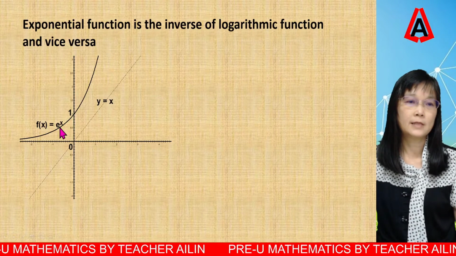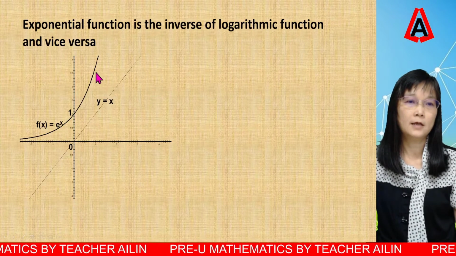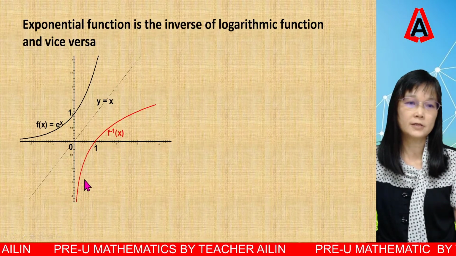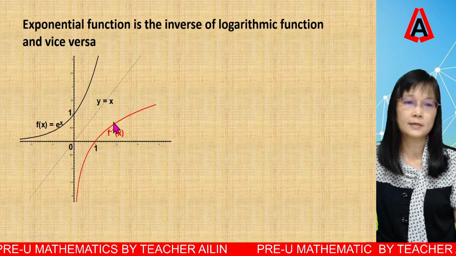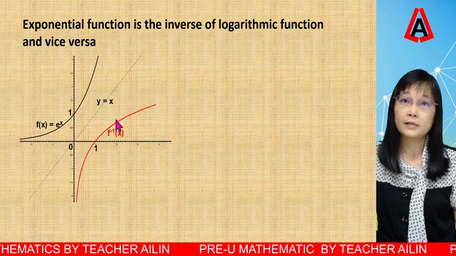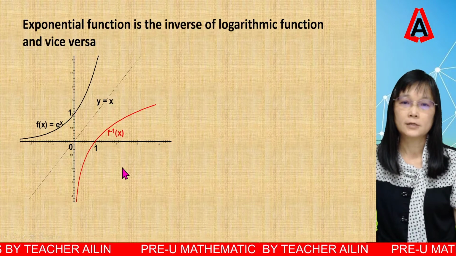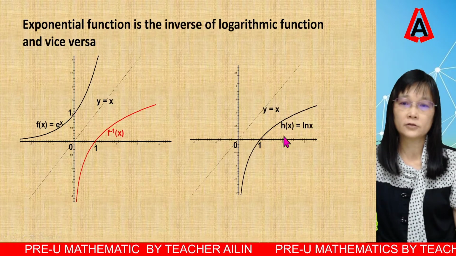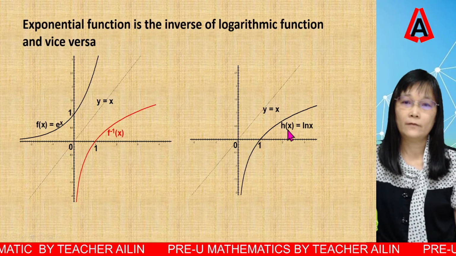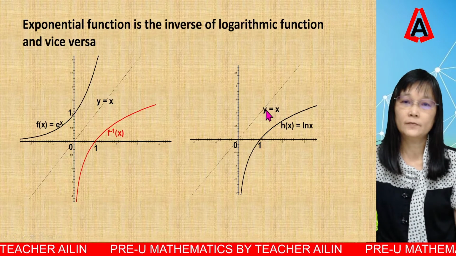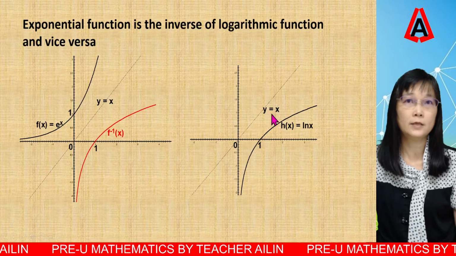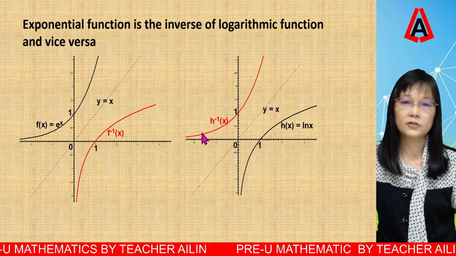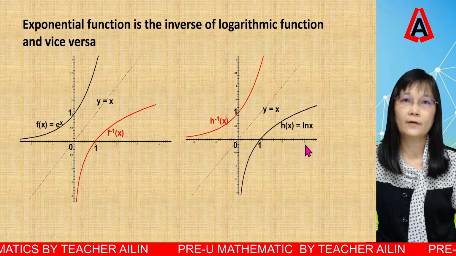So from this diagram, this is the graph of the exponential function after reflection. So we find that this is the inverse of the exponential function. Next, we go to the graph of the logarithmic function. Similarly, when we carry out the reflection using the straight line y equals x, we find that this is the inverse function of the logarithmic function.